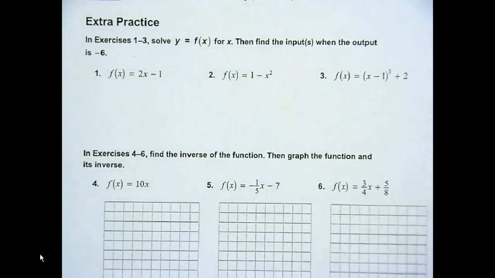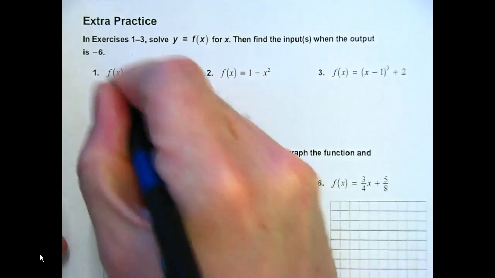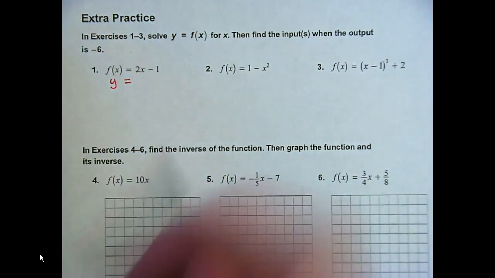Read the directions to yourself, please. Okay, so a lot of times you're like, huh? So solve for y equals f of x. What does that mean? It means just call f of x y. That's what that says.